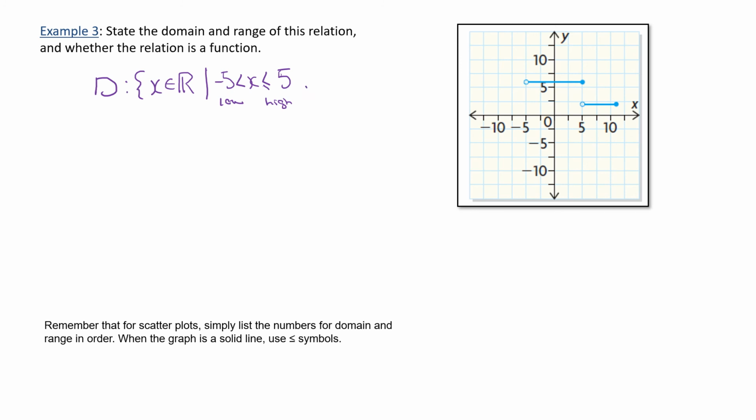I'm going to fix this in a second. So let's talk about the domain for this piece. The low number is a positive 5, and that's less than, not less than or equal to, because I'm not including it, less than x. And that is less than or equal to, what is that, 12 maybe? That's weird. It looks like we're counting by 2.5s, doesn't it? So let's just call that 12.